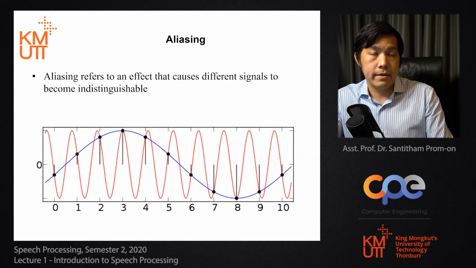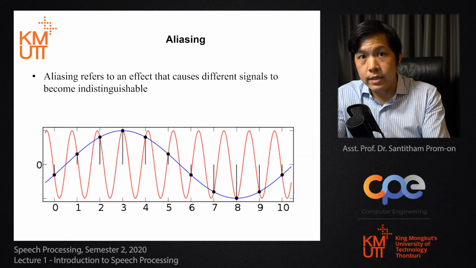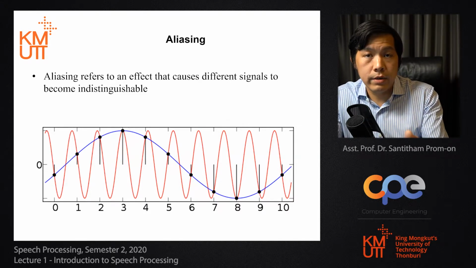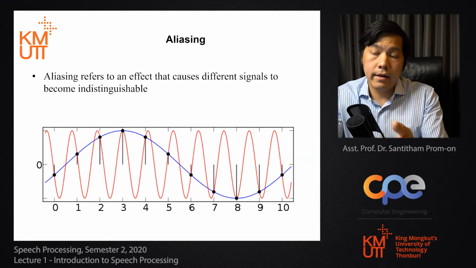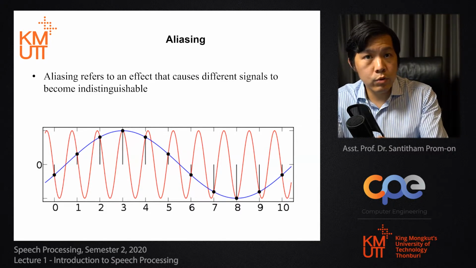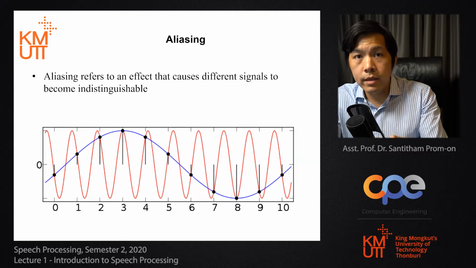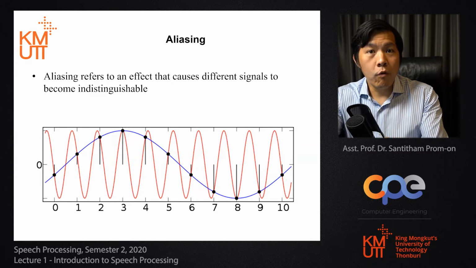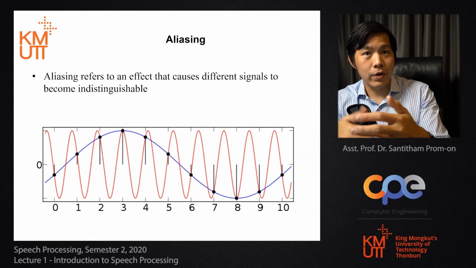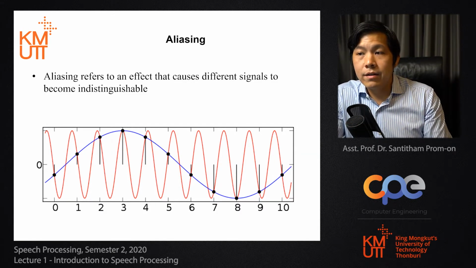How does that happen? It happens by not having enough Nyquist frequency. For example, if you use the CD recording frequency and the data that is beyond 22K is not properly filtered out, those data will, I would say, fall back and then be recorded at a lower frequency, and then it creates a type of noise.